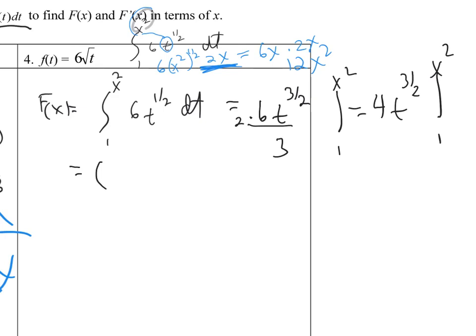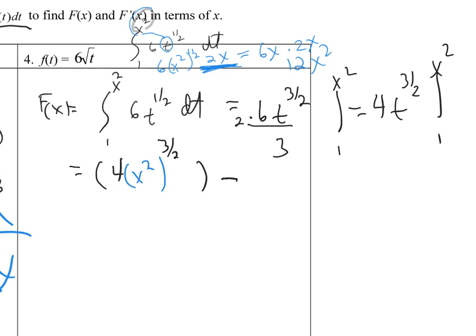Equals, plug in the top first. So that gives me a 4 times x squared raised to the 3/2, minus, plug in the 1.